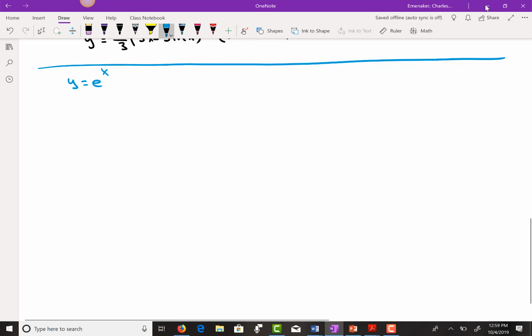It can be written like this: 1 plus x plus x squared over 2 factorial plus x cubed over 3 factorial plus x to the 4th over 4 factorial, and it keeps going.